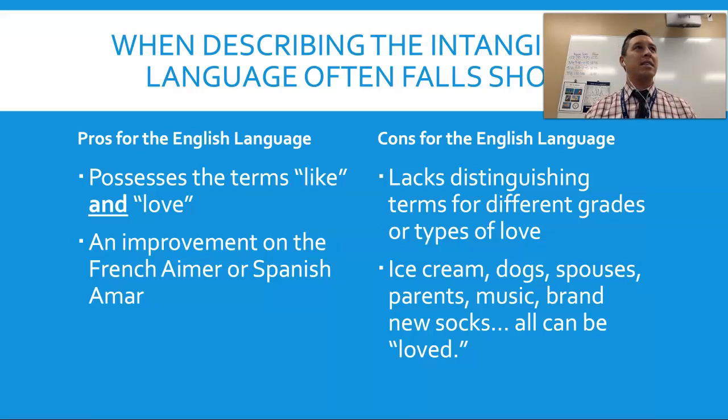You can love ice cream, you can love your dogs, you can love your spouse, you can love your parents, you can love music, you can love brand new socks. All of those things can be loved. And there's no way linguistically that we can specify the difference in those types of love, which is why for a good chunk of this course, we are going to default to the Greek.